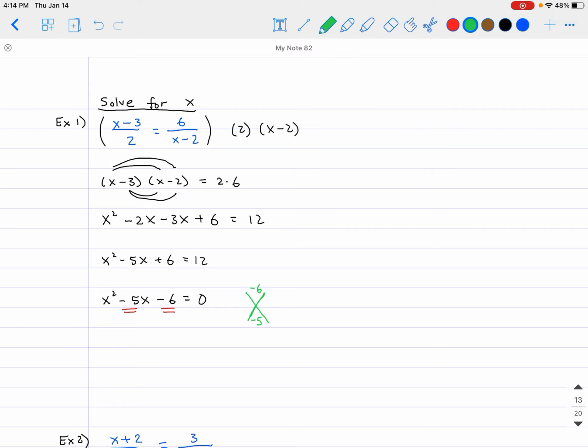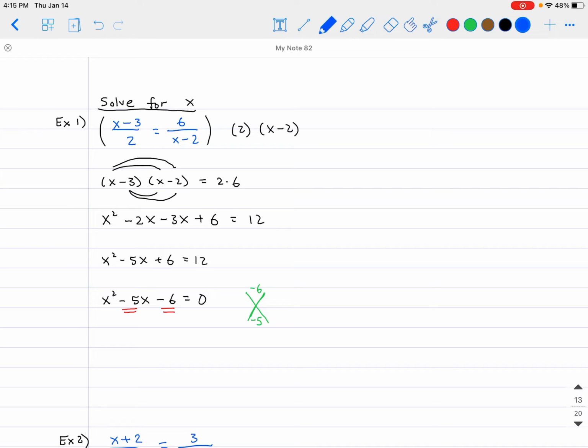If you can find two numbers that correspond to this, then that means we have something that's factorable.